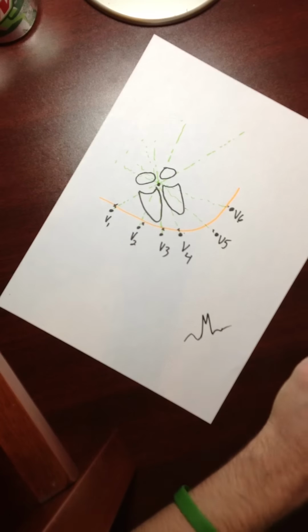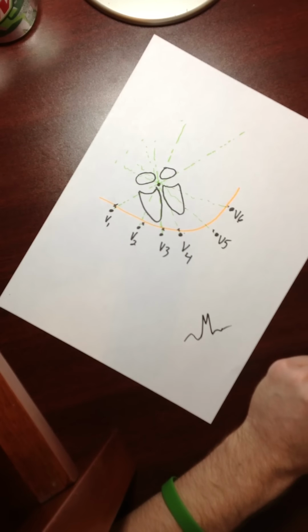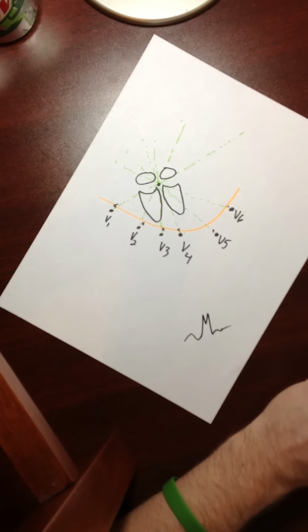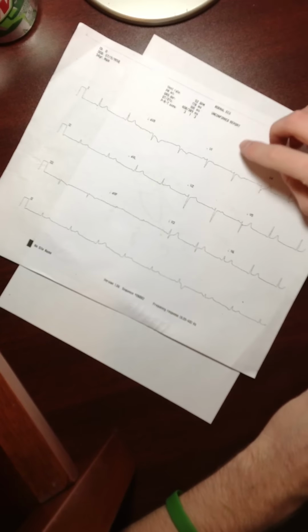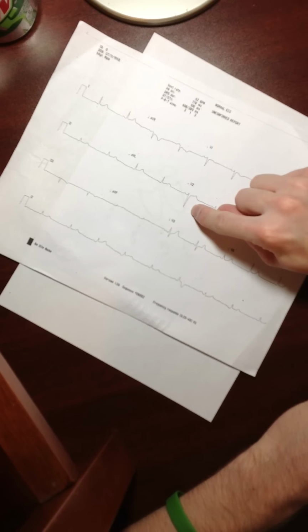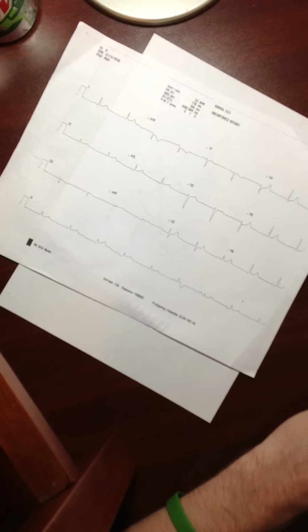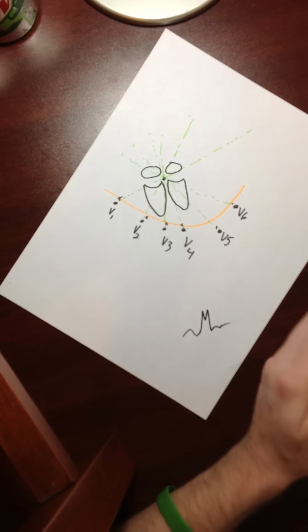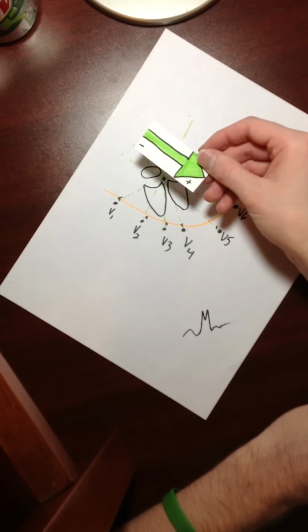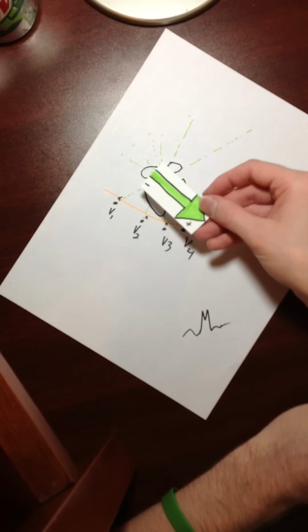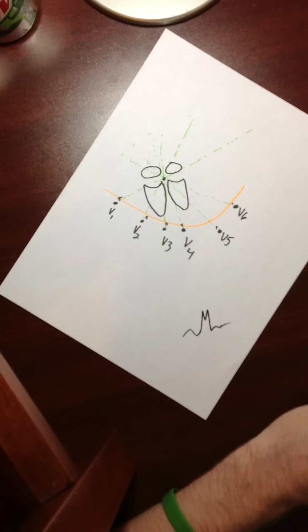Now, if you look at V1 and V2, a lot of times they're upside down on the ECGs. And I have an example right here. Okay, here we're at V3, 4, 5, and 6. I'm not going to do this, but if you take your little magical arrow, like I did here, you'll basically find that it's the exact same thing as what we did earlier.